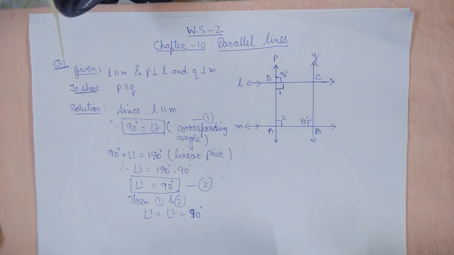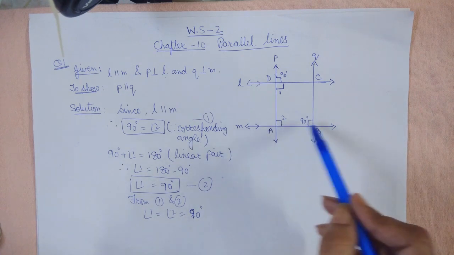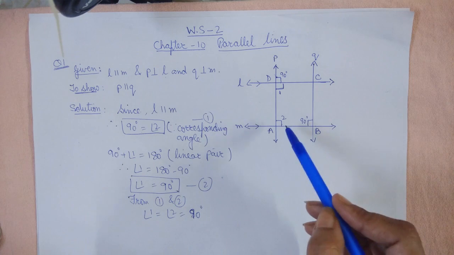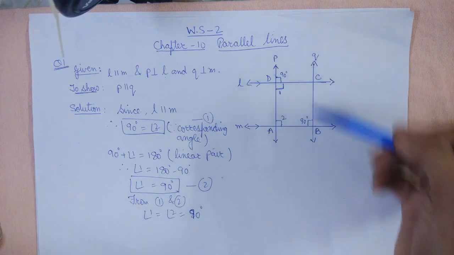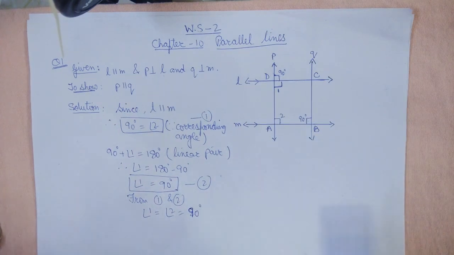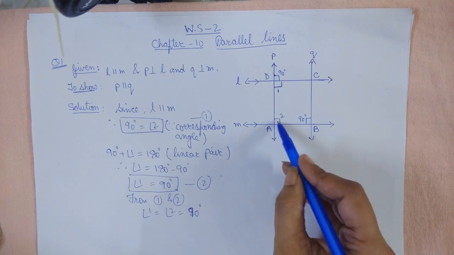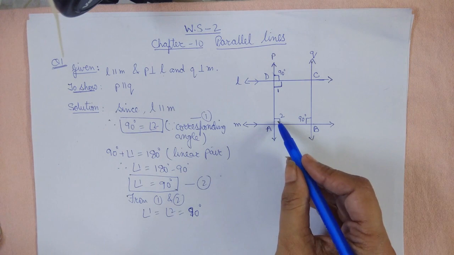When will P parallel Q happen? Either the co-interior angle sum is 180 degree, or corresponding angles are equal, or alternate interior angles are equal. This is the concept that will come with these two lines. So if you observe in this given figure, we have proved angle 2 equals 90 degree.